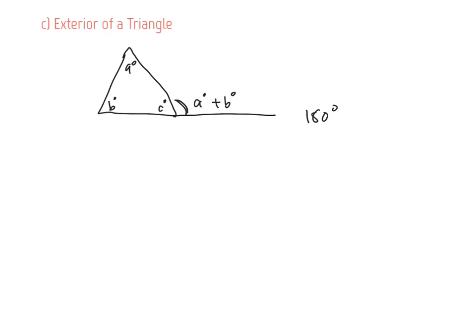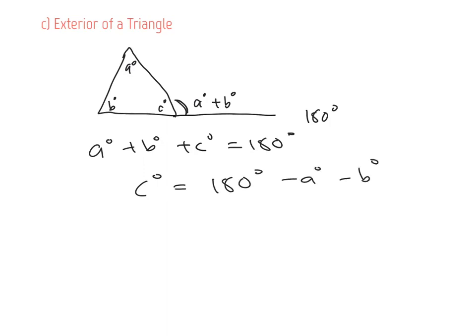And based on the sum of the angles in a triangle where it sums up to 180 degrees, we know that A plus B plus C equal 180 degrees.